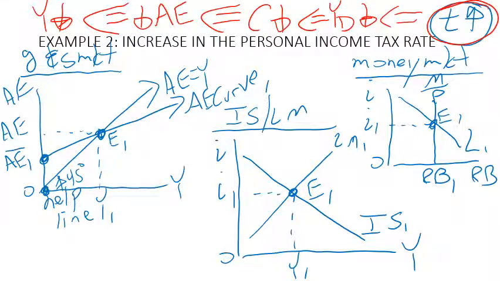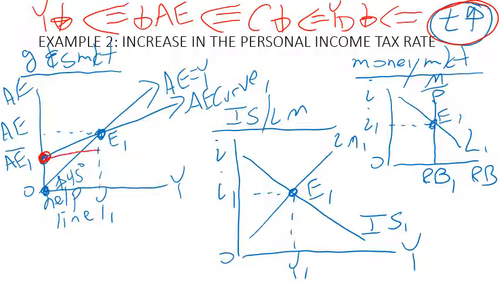All right, so it's going to be a non-parallel shift down of the AE curve. So the new AE curve is going to start at the previous level of autonomous aggregate expenditures, because autonomous expenditures have not changed here.